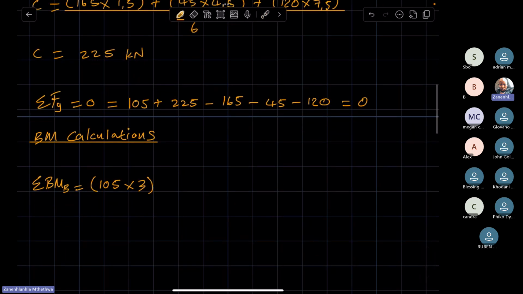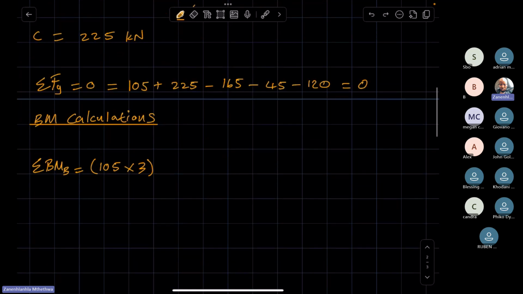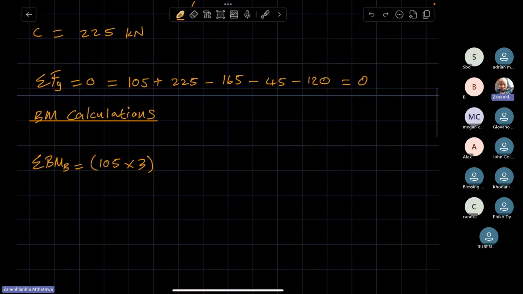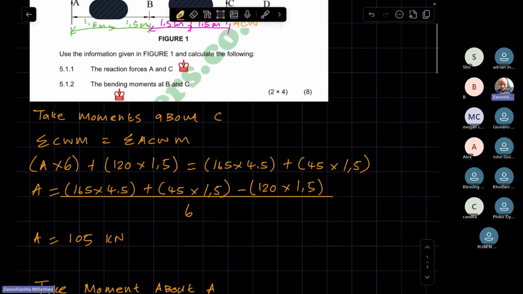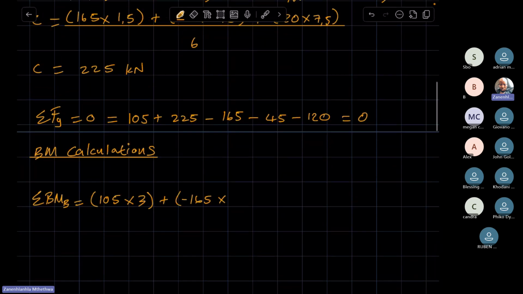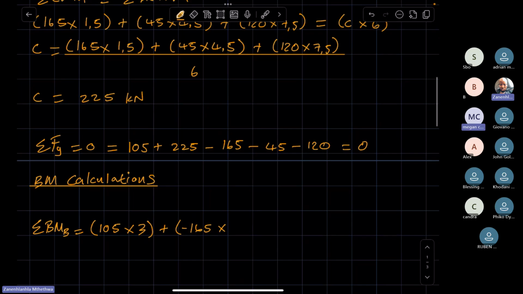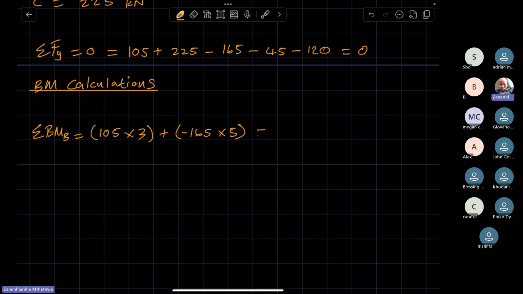We multiply this by 3 plus, in fact, here, seeing that the force is headed downward, let's do plus, then make the force negative, just for perspective. Saying that the force is headed downward, we take it as being negative, times the distance between this force and the critical point B, which is the 1,5. So times 1,5. And what do you get?